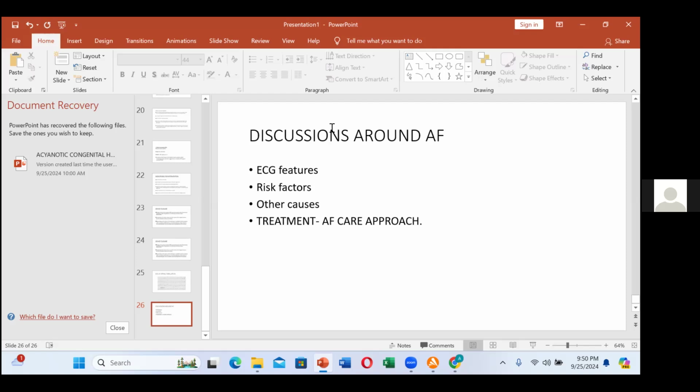But recent evidence from the EAST-AFNET study has demonstrated that an early rhythm control strategy in patients who have had recent onset AF and have no structural heart disease is actually superior to rate control in terms of outcomes. So we should take note of that. Thank you.